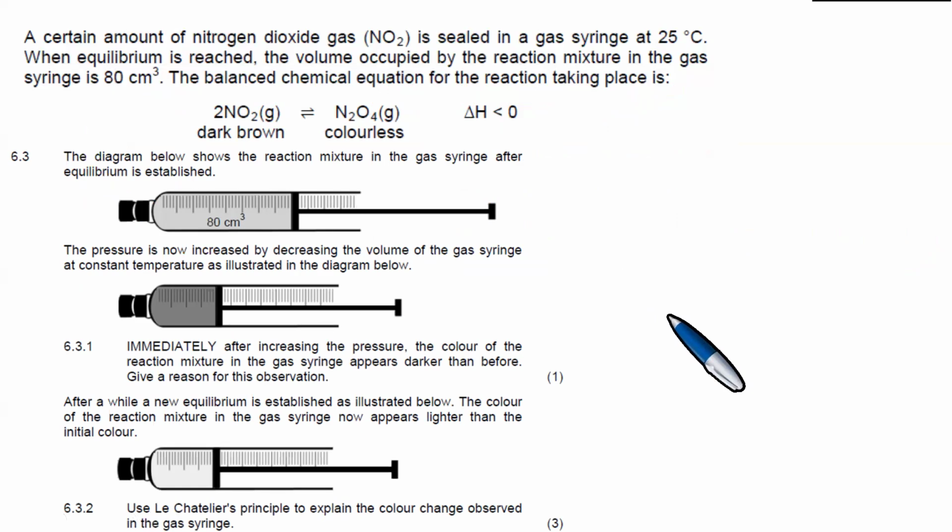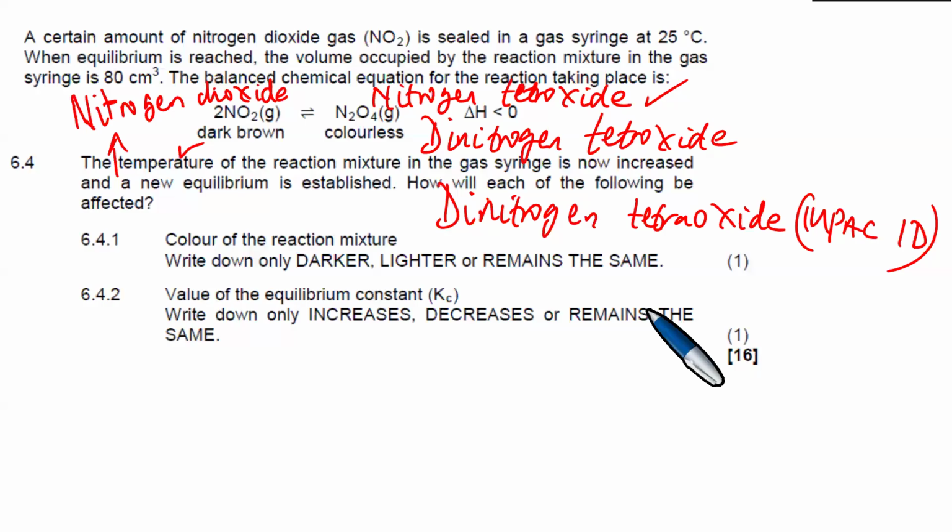That becomes the first thing we do. We look at the fact that it is either endo or exo, because of the heat of reaction. So here, the heat of reaction is less than 0.